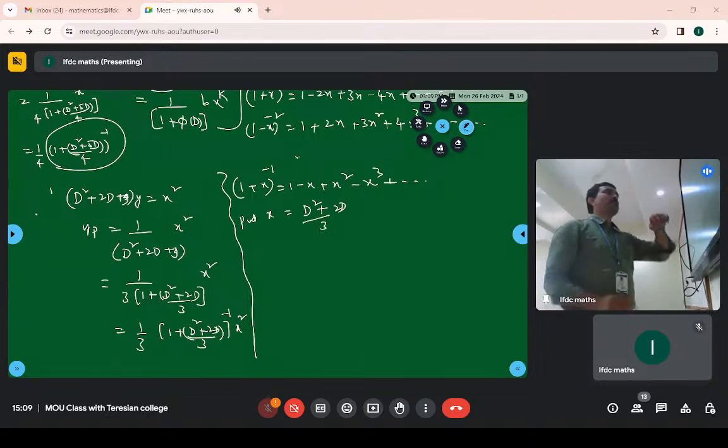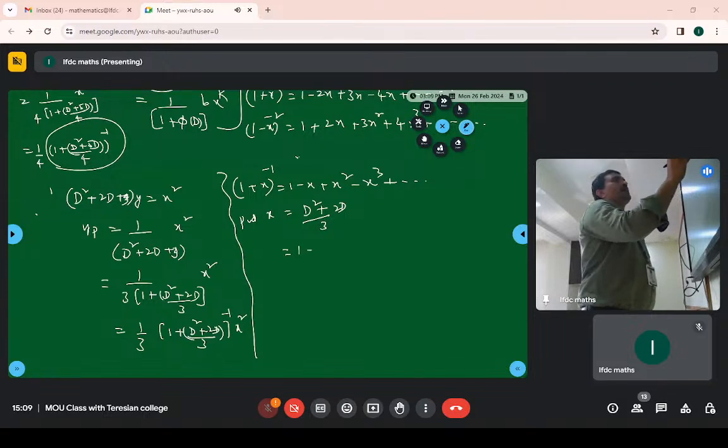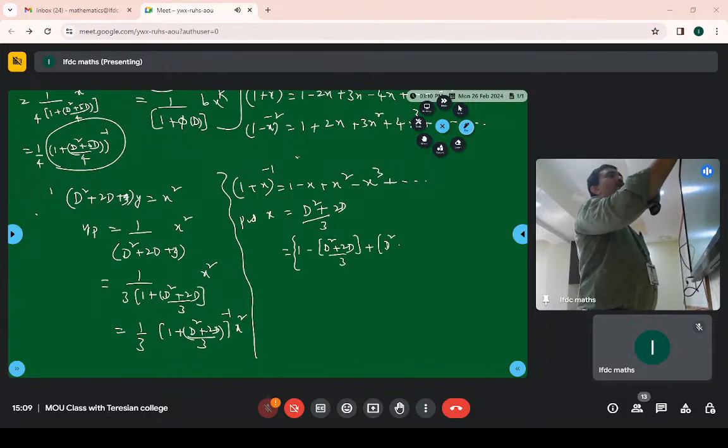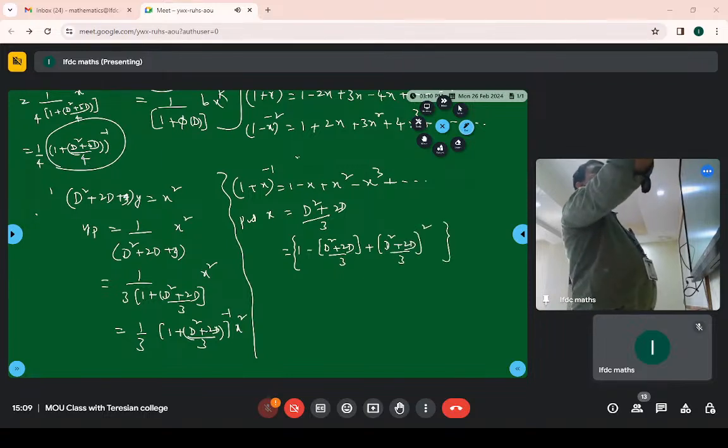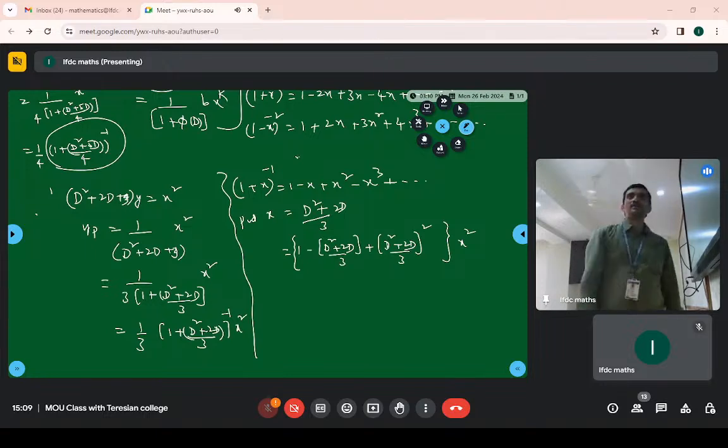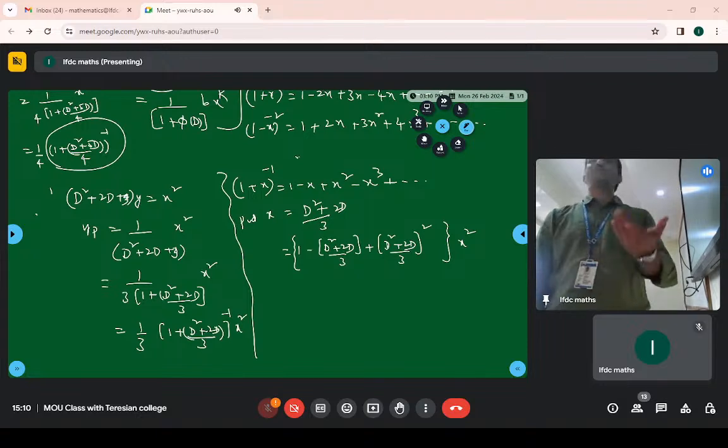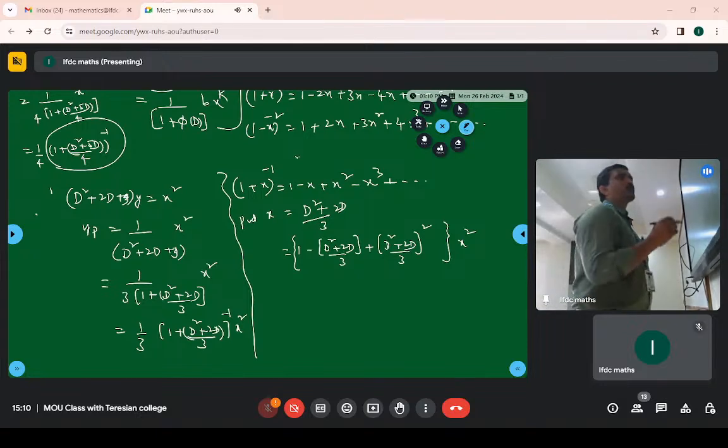If I substitute this value, what will come? 1 minus (D² + 2D)/3 plus [(D² + 2D)/3]². The cube is not required. Why? Because in the square, only D⁴ will come. The first derivative of x² is 2x, the second derivative is 2, and from the third derivative onwards it will be 0. So the second term is enough for us.